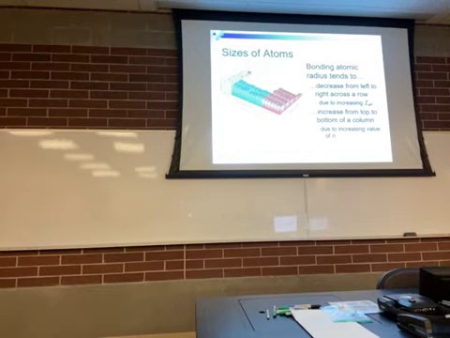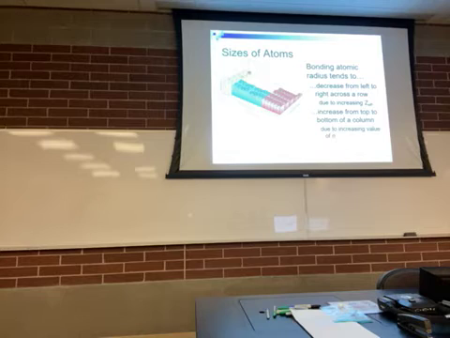Radius tends to decrease from left to right, good trend to memorize, okay? Decrease from left to right, increase from top to bottom, okay? And that makes sense probably if you remember back last chapter with the quantum numbers. The quantum number just takes more energy, a different energy level. If I have to go into a 3p versus a 4p, 4p is just larger and it's just going to have more area to fill.